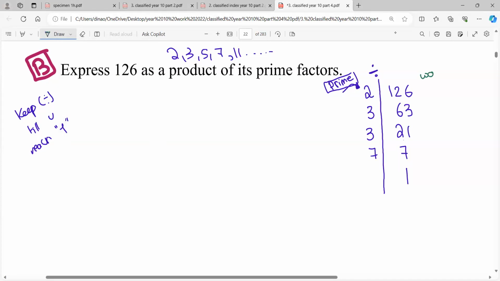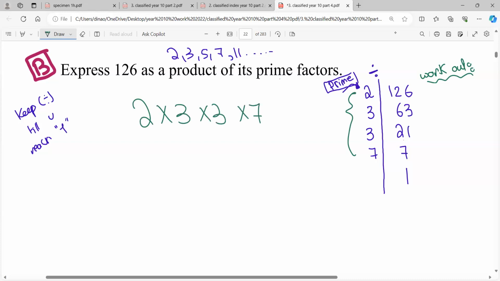Because this is my working out, but where is the answer? The answer is these 4 numbers multiplied: 2 times 3 times 3 times 7. Don't write equals 126. The examiner wants to see the 126 factorized as follows.